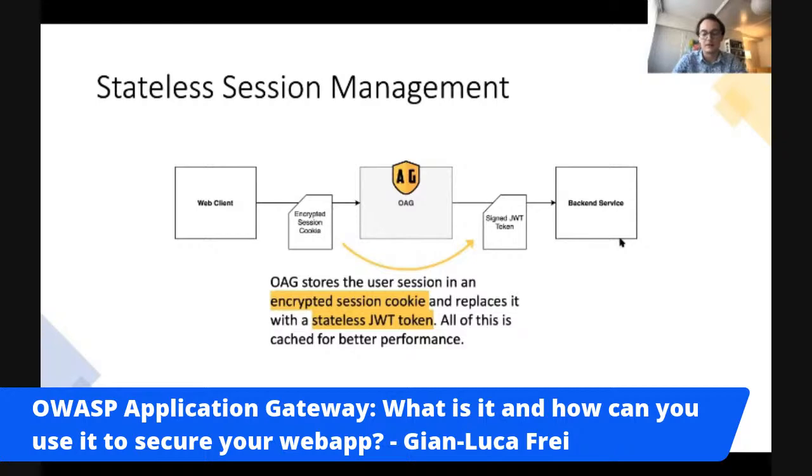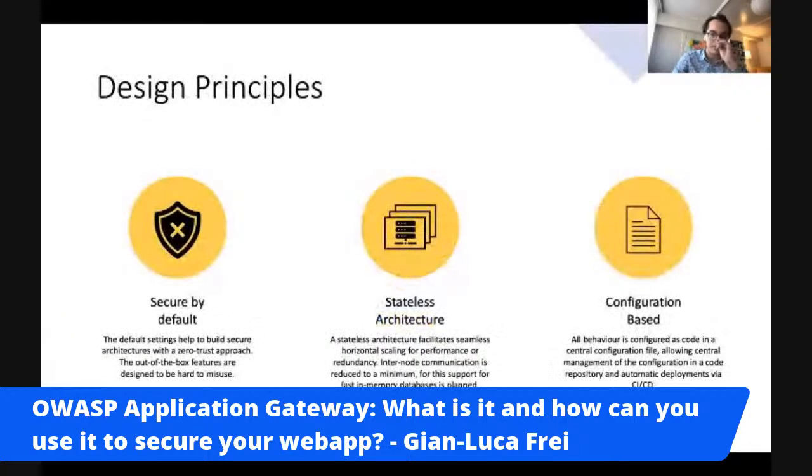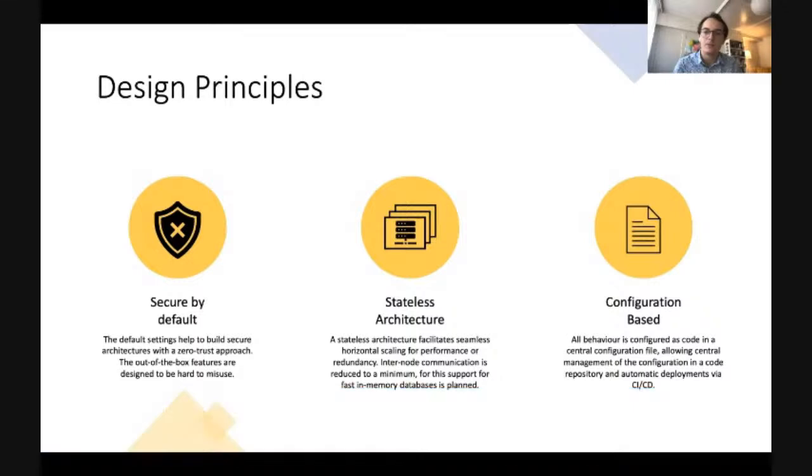I quickly want to highlight three design principles, because they give a very good overview of how we try to build the OWASP Application Gateway. The first principle, and in my opinion clearly the most important one, is that we try to design everything secure by default.